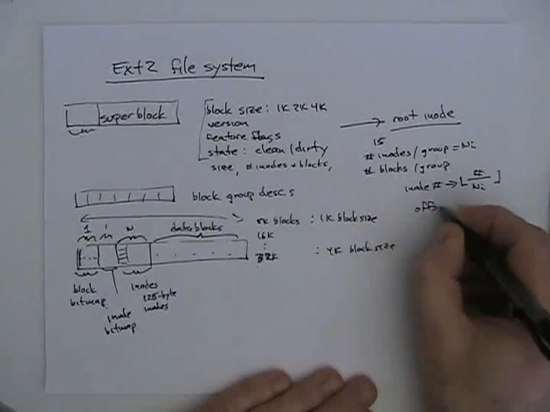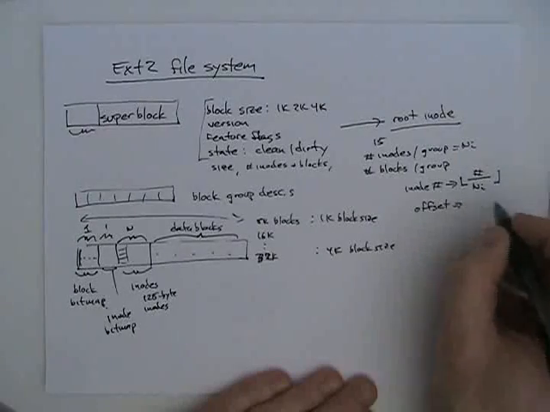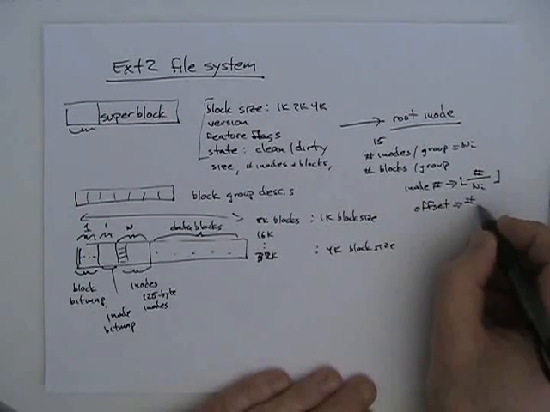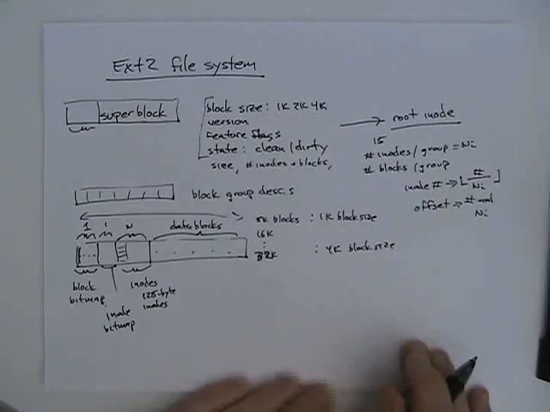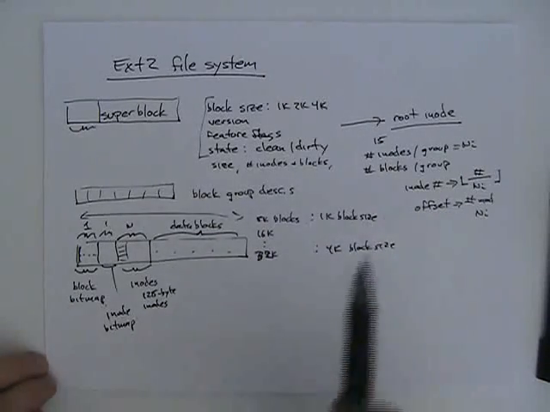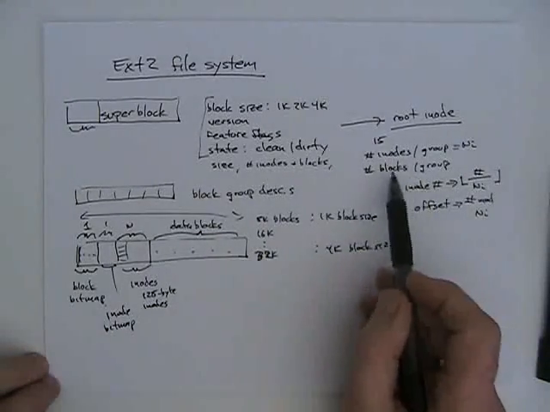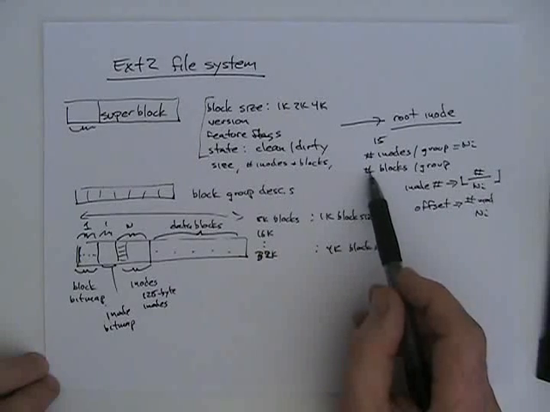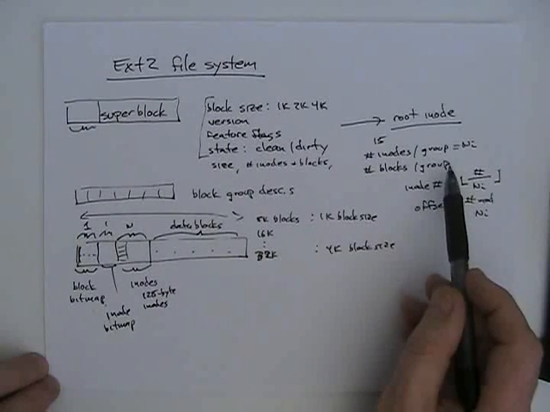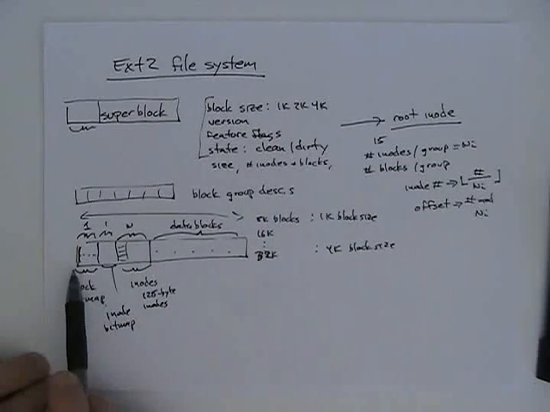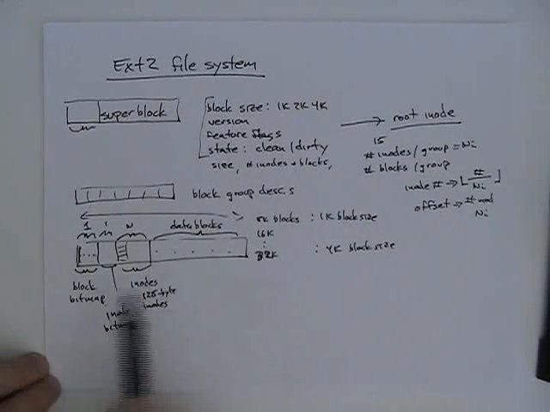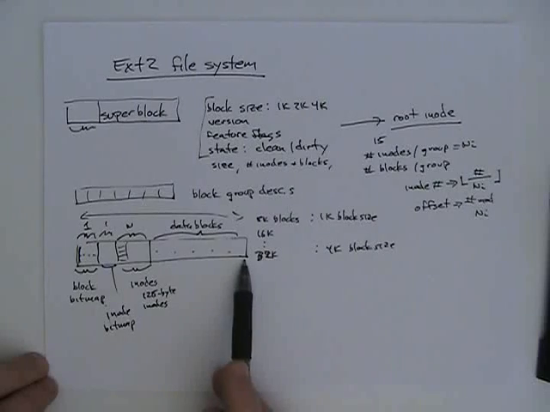The offset within it is, obviously, the number mod the number of inodes per group. And similarly, for a block, the block number is going to pretty much directly correspond to the block in the group. But anyway.